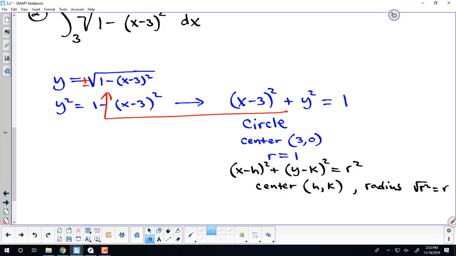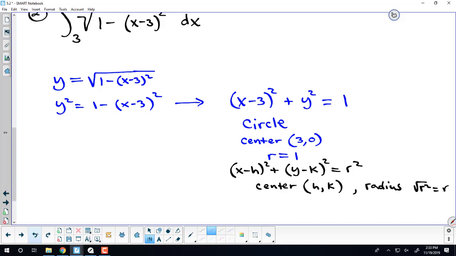You aren't getting the whole top half though, right? You're just getting technically the top right quadrant, because the center's at 3. Yeah, exactly. So we know this is the top half of the circle, and I misrepresented the circle. If its center is here and its radius is 1, then we're going out from 2 to 4.